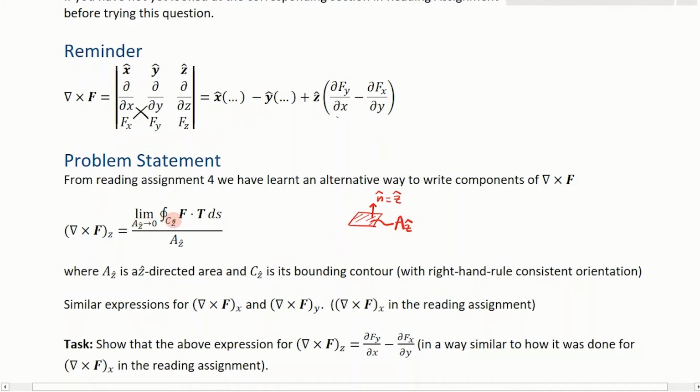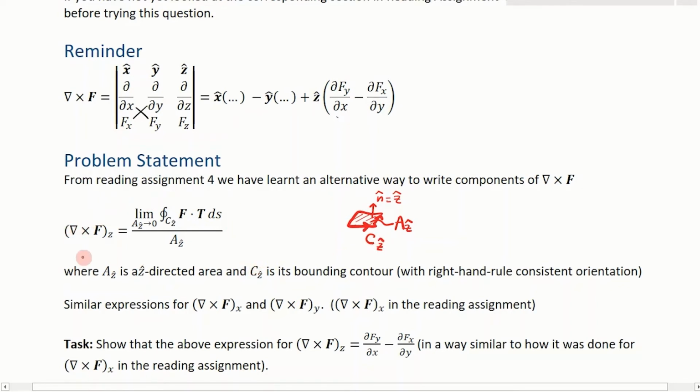And the contour cz hat is like this. It's a closed contour, and it's directed in a way that's consistent by the right-hand rule. So if you align your thumb with the normal vector, you will get the direction of the contour. So this is the corresponding contour cz hat.